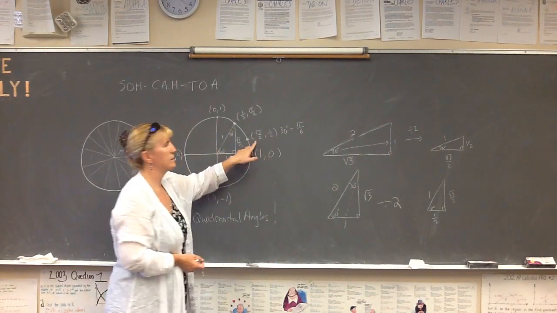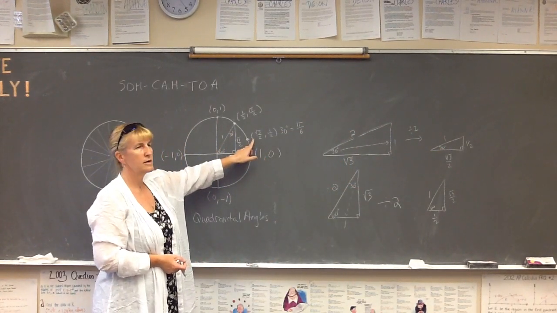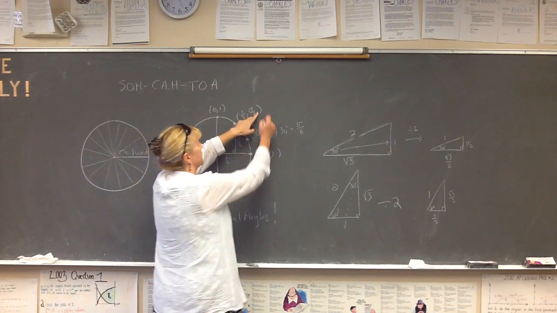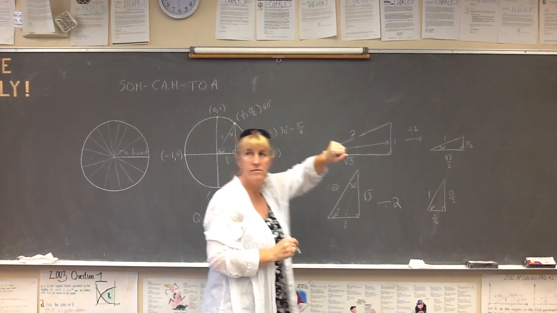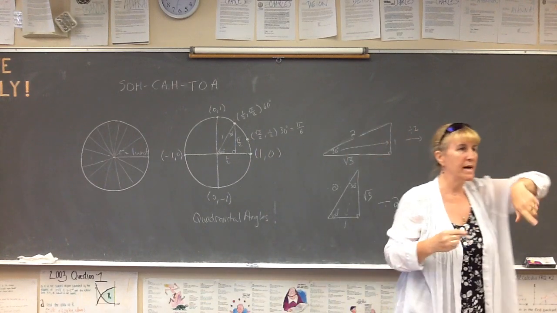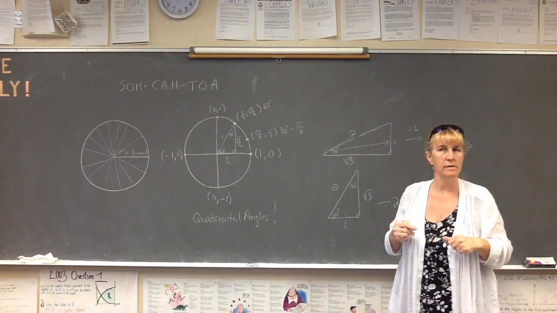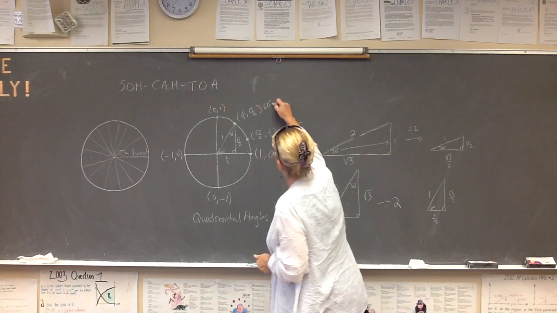It's right here. Still sitting there. So this is your 60-degree reference angle, otherwise known as pi over 3, hopefully.